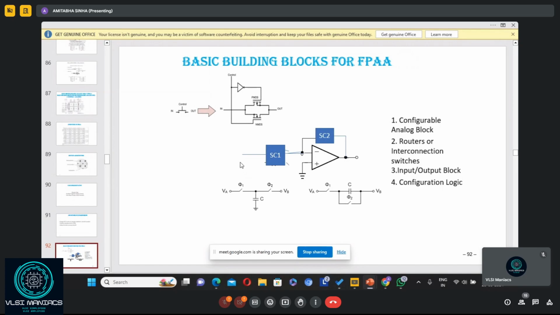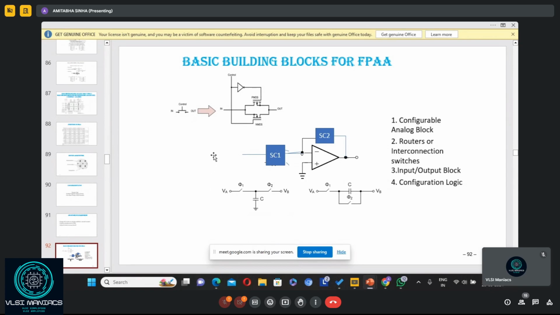And so the basic building blocks for FPAA: switches will be required, and switches are implemented by transistors, maybe P-type or N-type, and capacitors and operational amplifier.